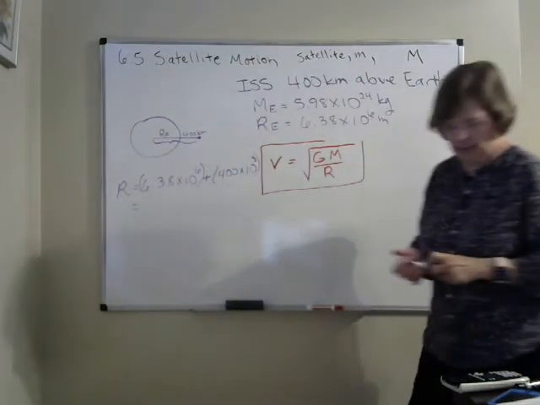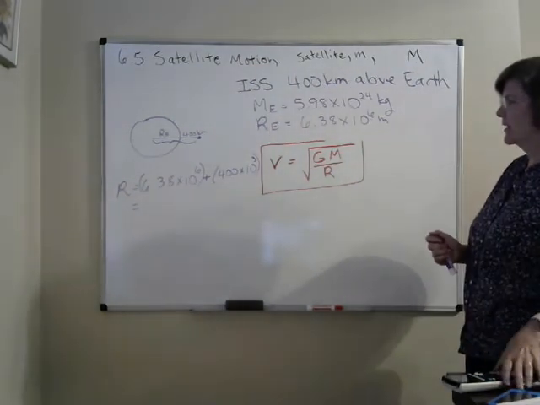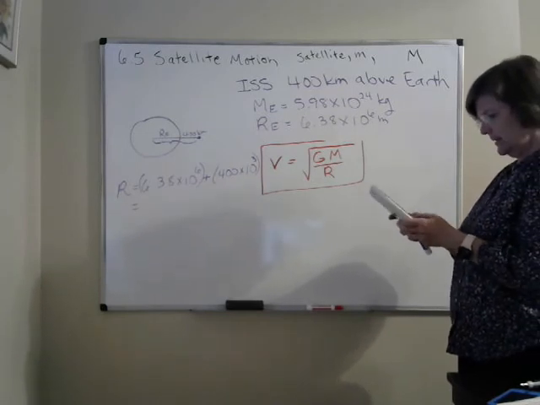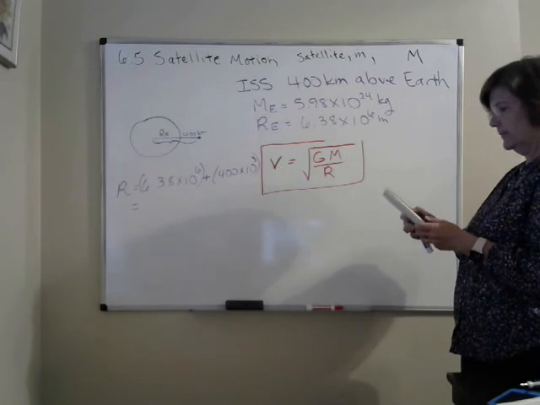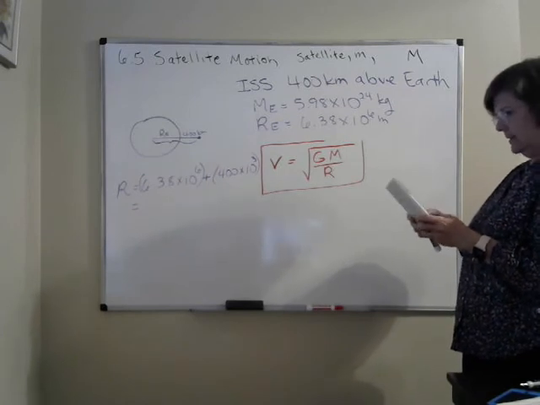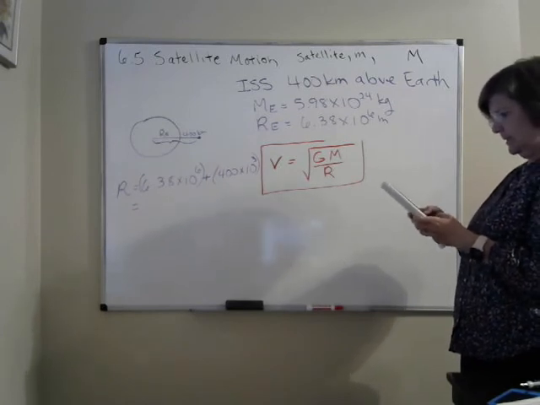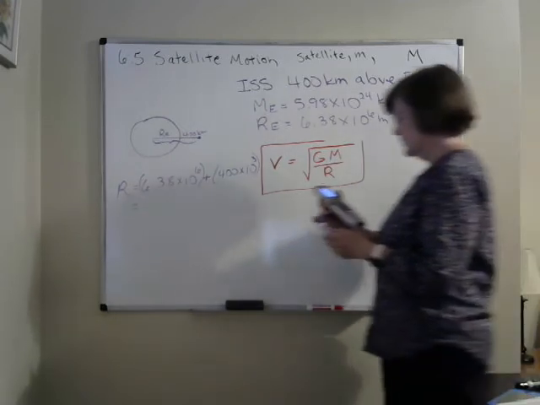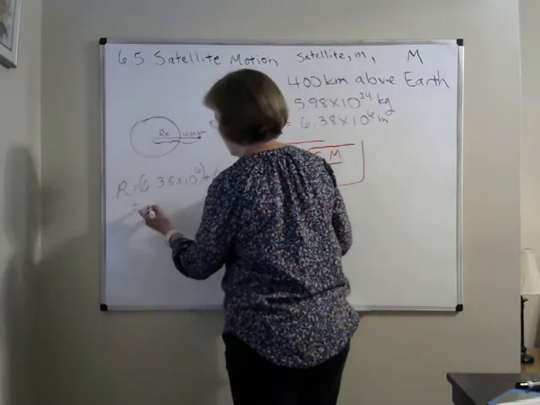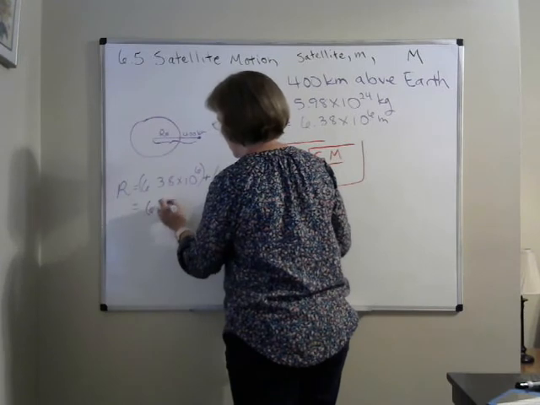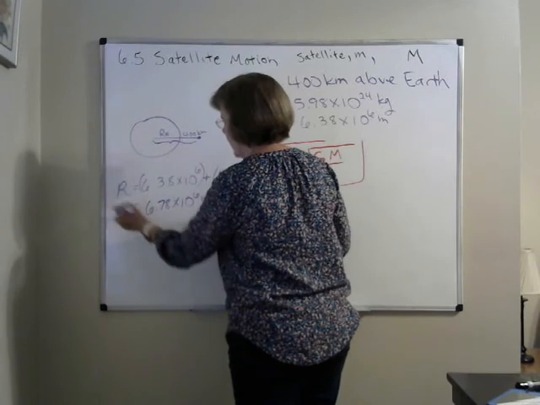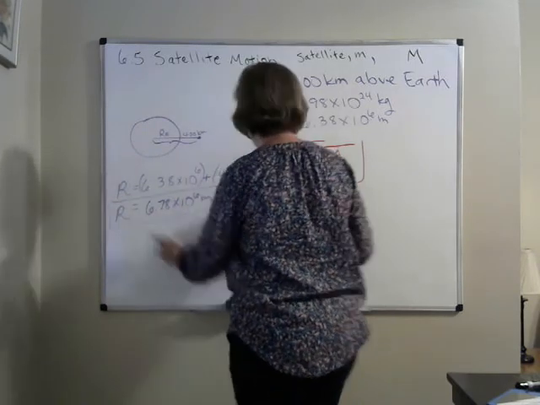So let's add and see how far from the center of the Earth it is. 6.38 times 10 to the 6th plus 400 times 10 to the 3rd, and we get 6.78 times 10 to the 6th meters. So this is our orbital radius here. That's what has to go in our formula.